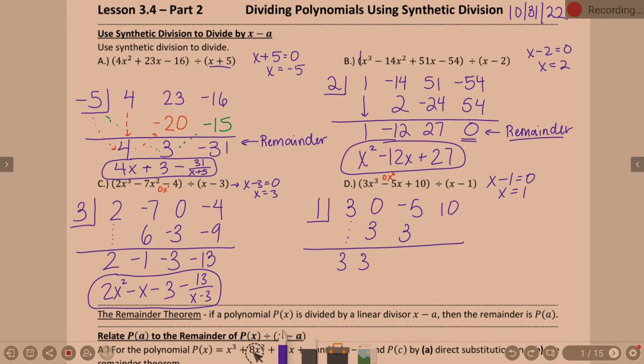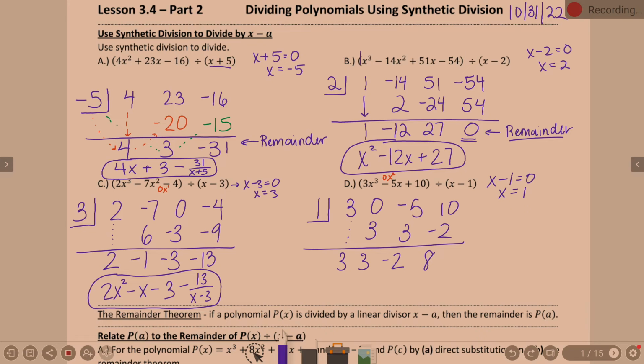Add negative 5 plus 3, negative 2. Multiply. 1 times negative 2, negative 2. Add 10 plus negative 2, 8. And that, of course, means 8 is my remainder.